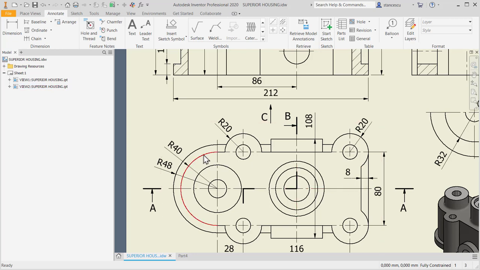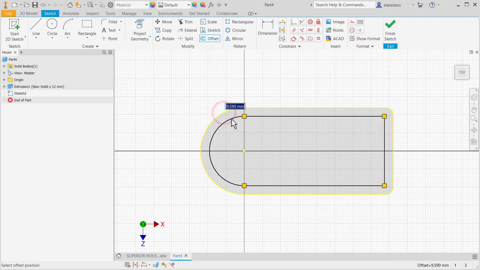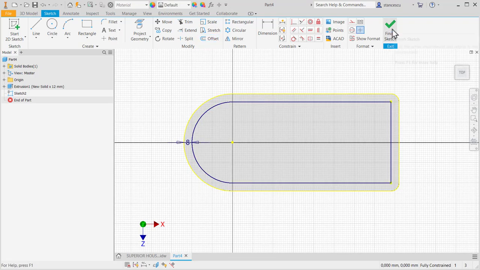This seems to be an offset of 8 of the former contour. It is, and radius 8 doesn't matter. So I apply offset at 8. Good.